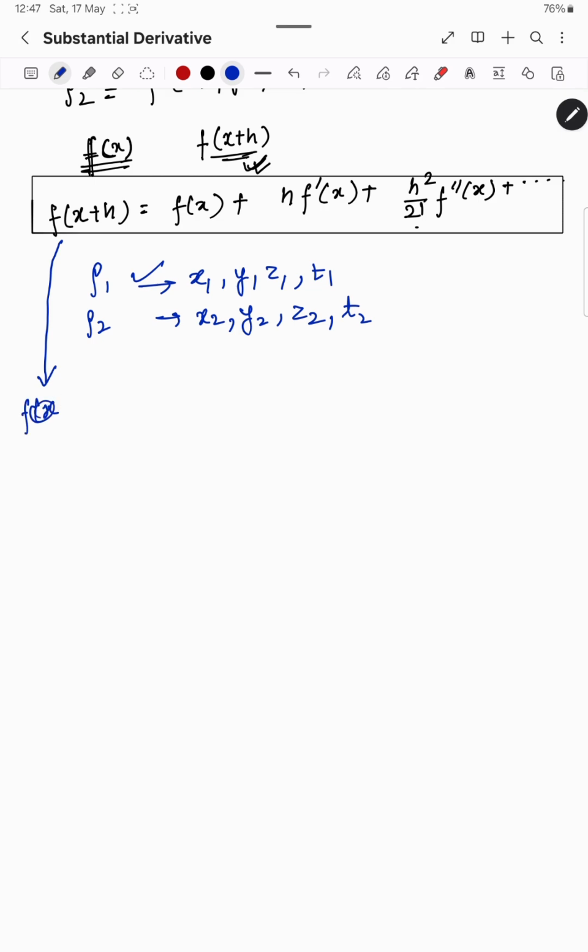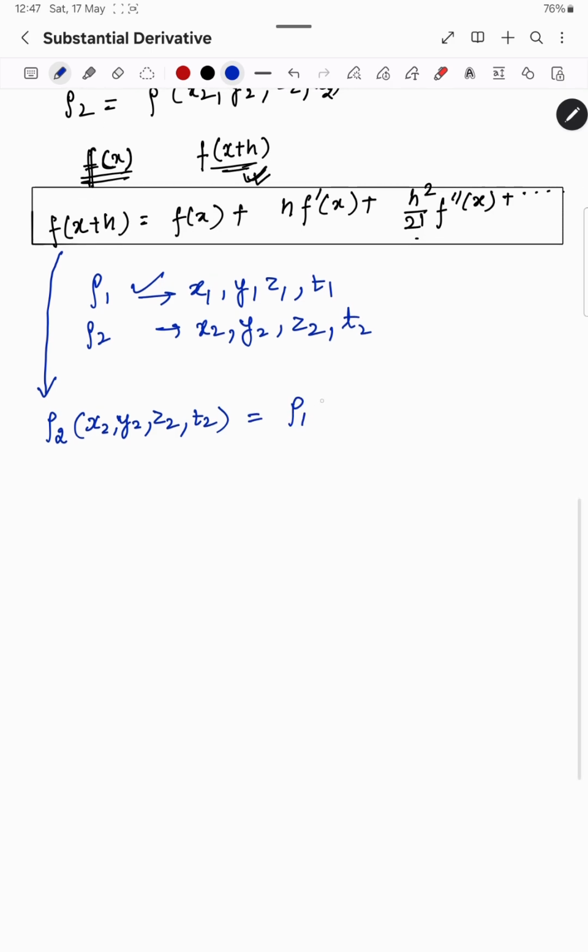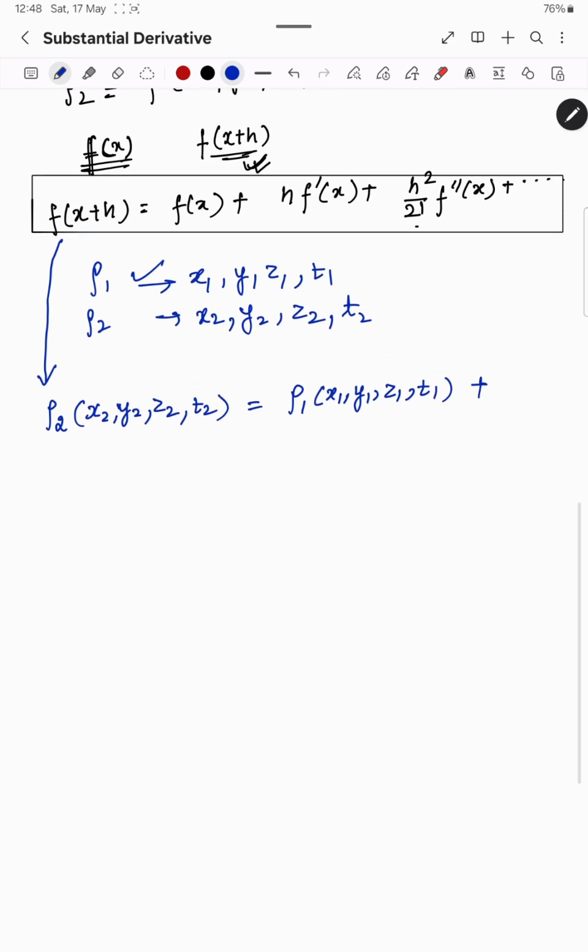Suppose we want to write f at x2, y2, z2, t2. I have included the time also. Let's write it for density directly. Rho 2 at x2, y2, z2, t2 equals the density at x1, y1, z1, t1, that is rho 1, plus we'll take the differences for each axis.